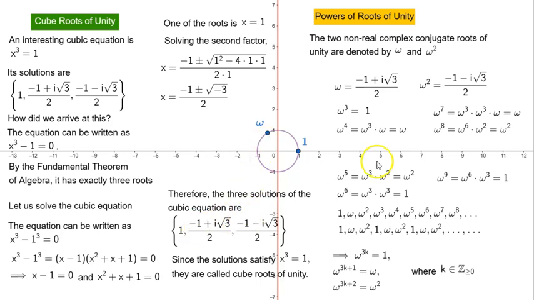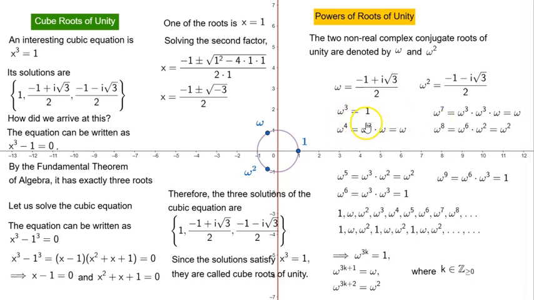Because remember, x is the real part, y is the imaginary part. So here the real part is minus 1 by 2 and the imaginary part is root 3 by 2, which comes to somewhere here. Similarly, minus 1 by 2, minus root 3 by 2.